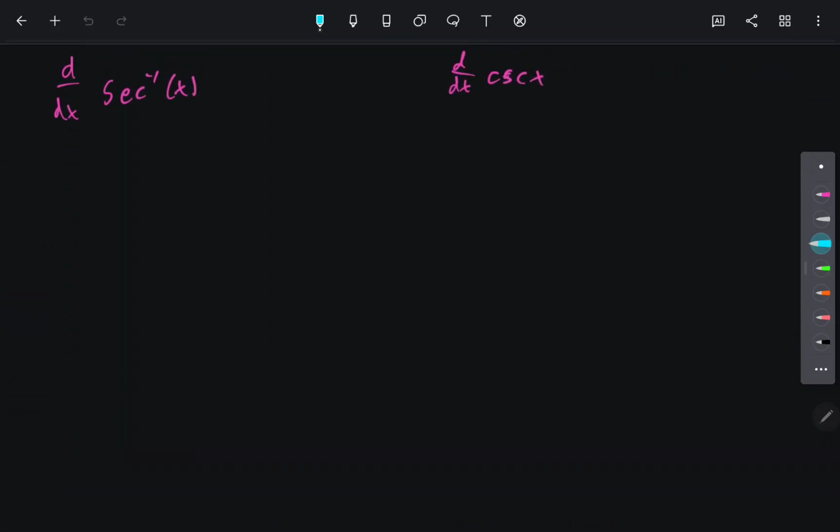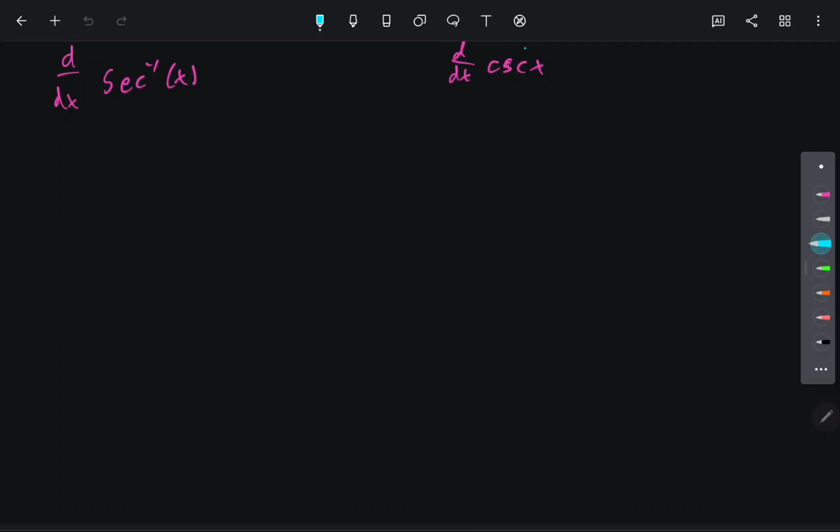All right. Finally, we have our last two inverse trig functions, so let's find the derivatives. Secant of arcsecant of x is equal to x. Now what? We take the derivative of both sides, and this one's going to be a bit more of a mess than all the rest.